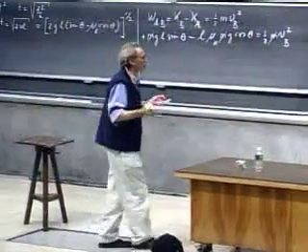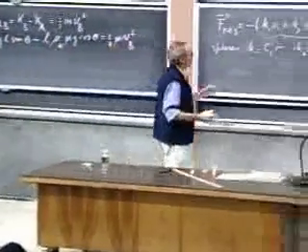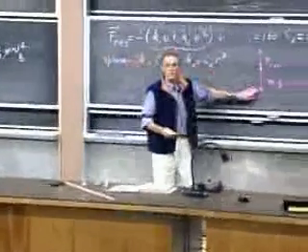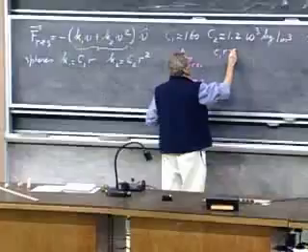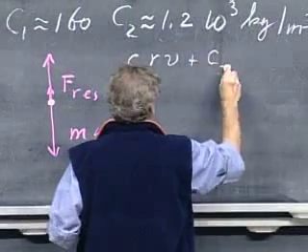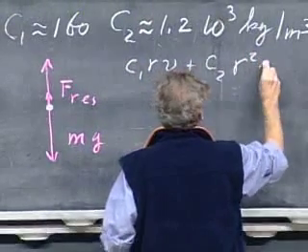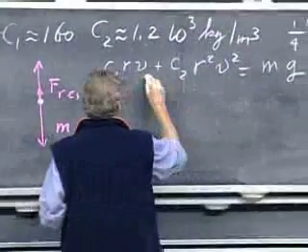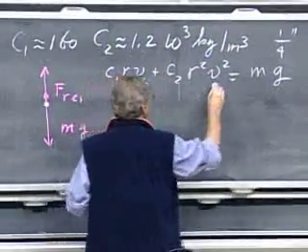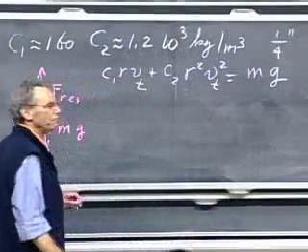And so what are the conditions for terminal velocity? That this term equals mg. In other words, that c1 r v plus c2 r squared v squared becomes equal to mg. And when that's the case, then we have reached the terminal velocity.